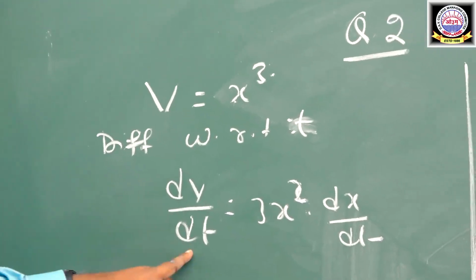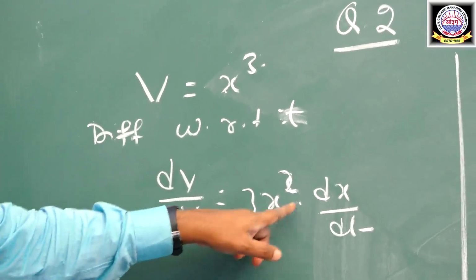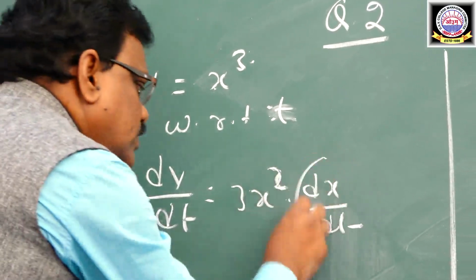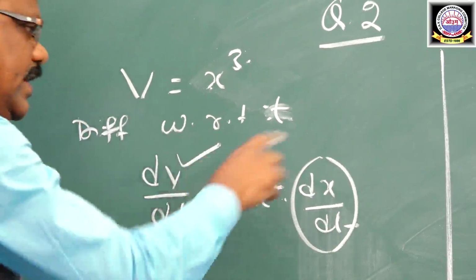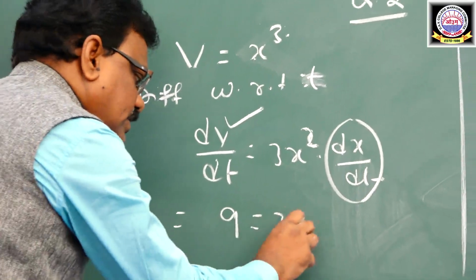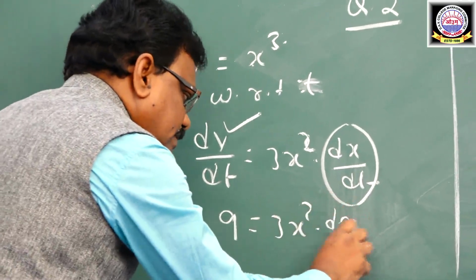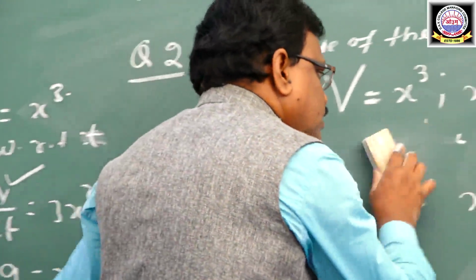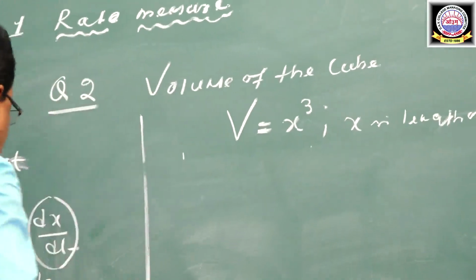So, dV by dt is equal to 3x square dx by dt. I need dx by dt, because the dV by dt value is given, 9. So, 9 is equal to 3x square into dx by dt. Carry on this way.